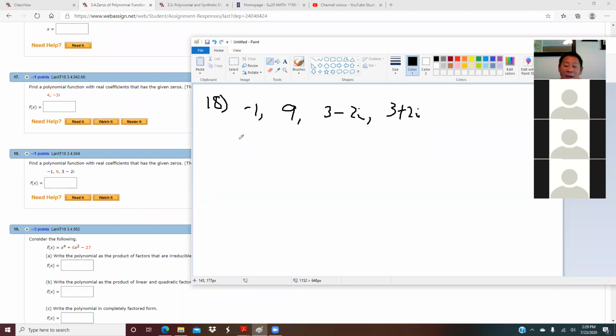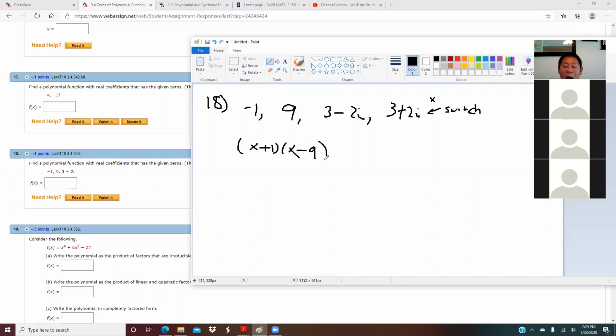Then next, you have to write this in factor form. How do you write this in factor form? You take this, put an x in front, and then you switch all your signs. So in this case, the negative one becomes +1, and the 9 becomes -9.